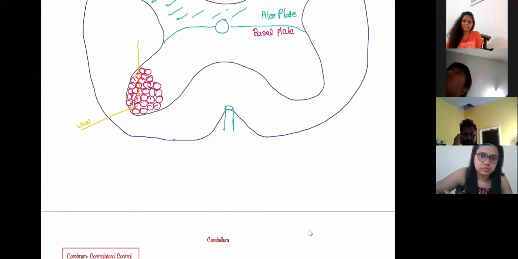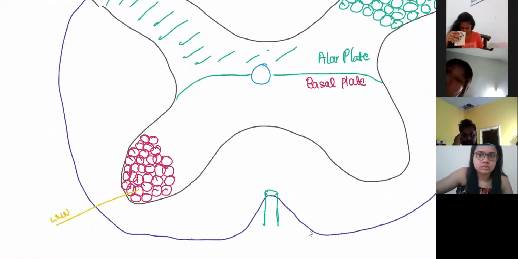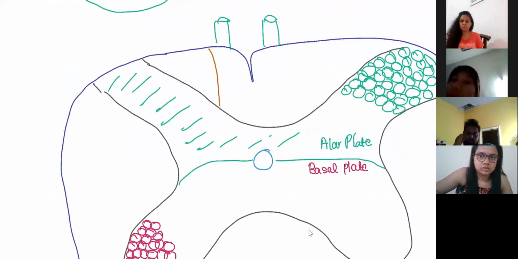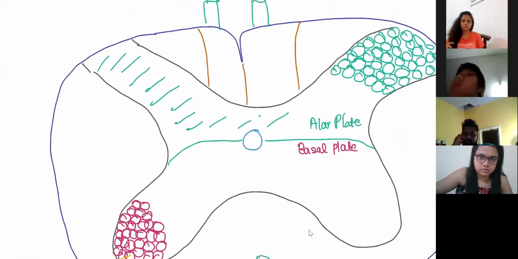The upper motor neuron doesn't come there. It comes from two nuclei. For today's lecture, what I need to highlight is these two. We are not going to talk about the motor system. We need to talk about the sensory system.